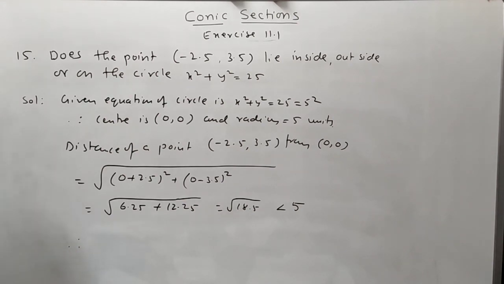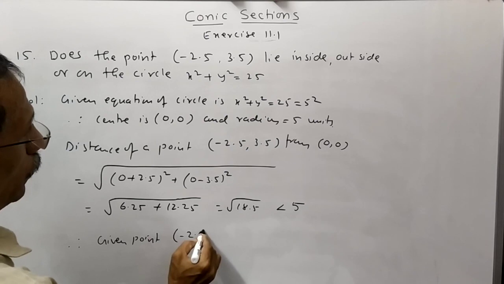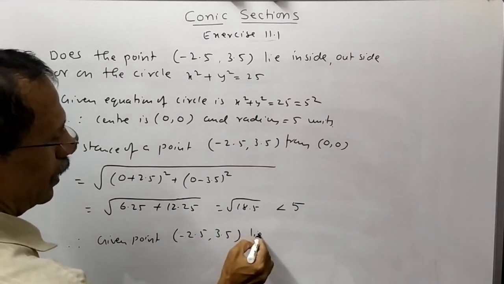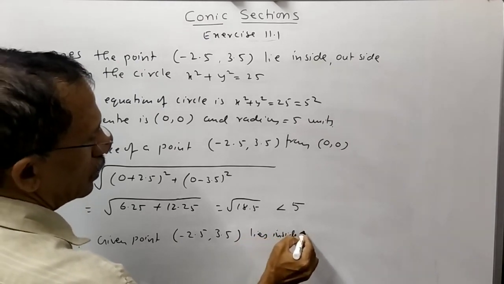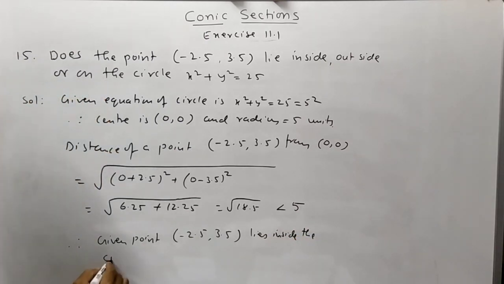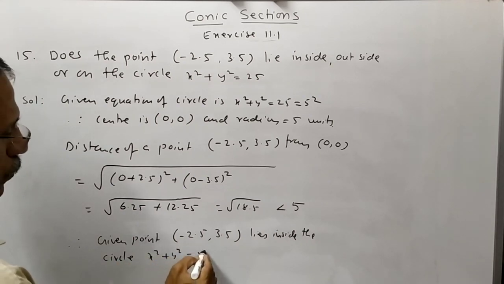Therefore, given point with coordinates minus 2.5 comma 3.5 lies inside the circle x square plus y square is equal to r square.